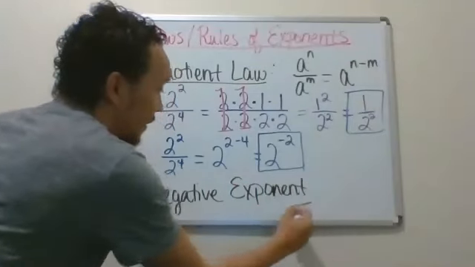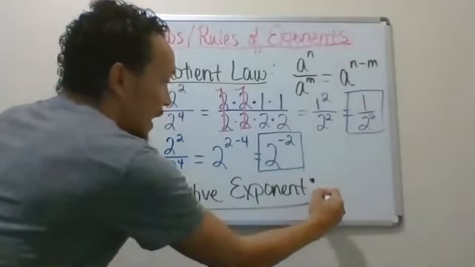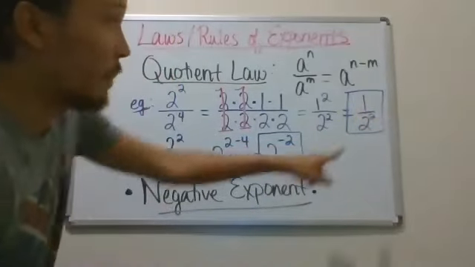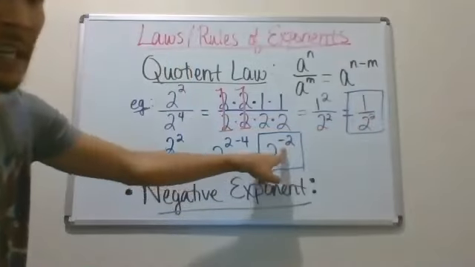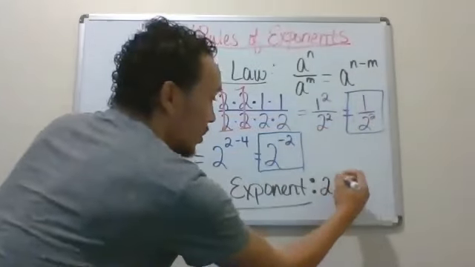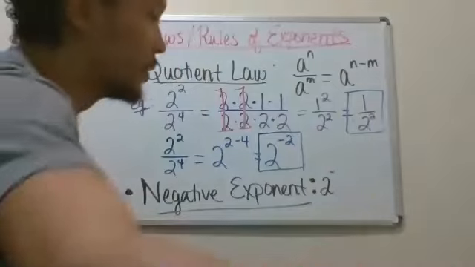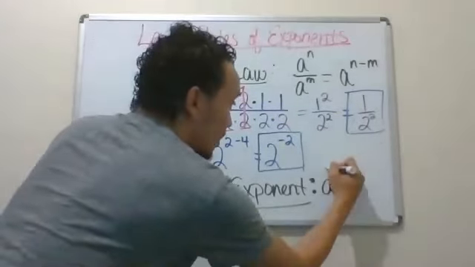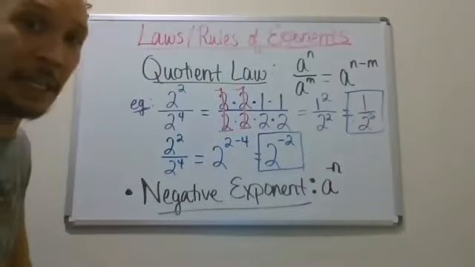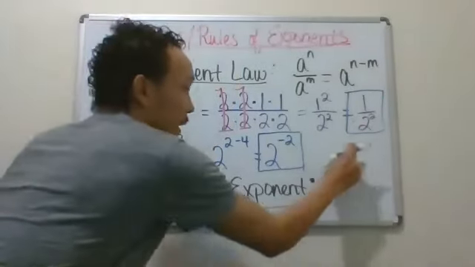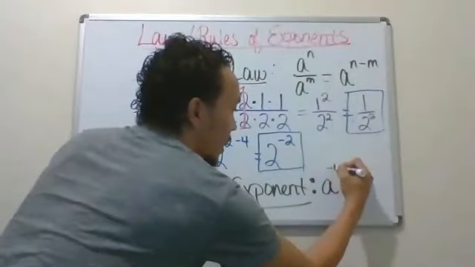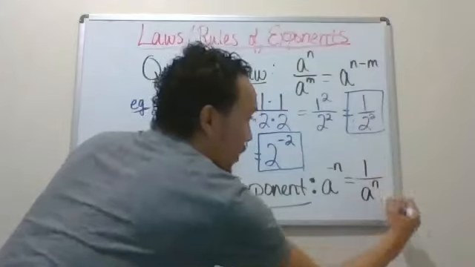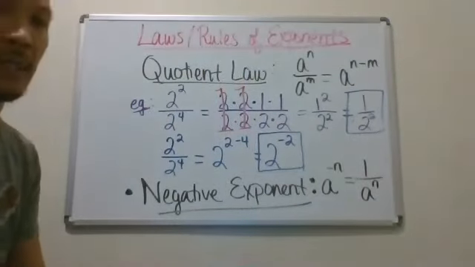And to get rid of negative exponents, as you can see, we have the exact same base in the denominator, but my exponent is positive instead of negative. So let's not use 2, because this is true across the board. We can say a to a negative exponent n is equal to 1 over that exact same base, but now we change my exponent to positive.